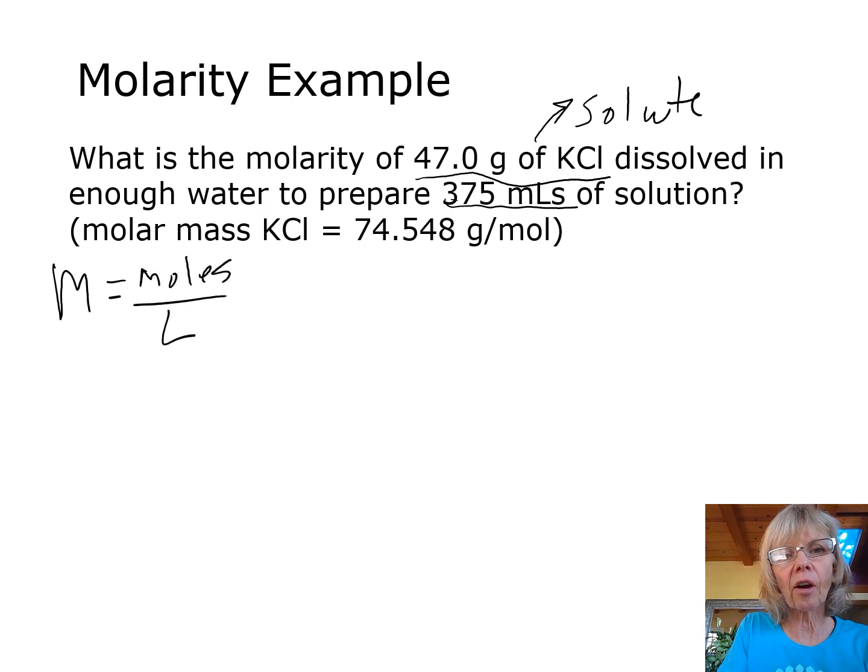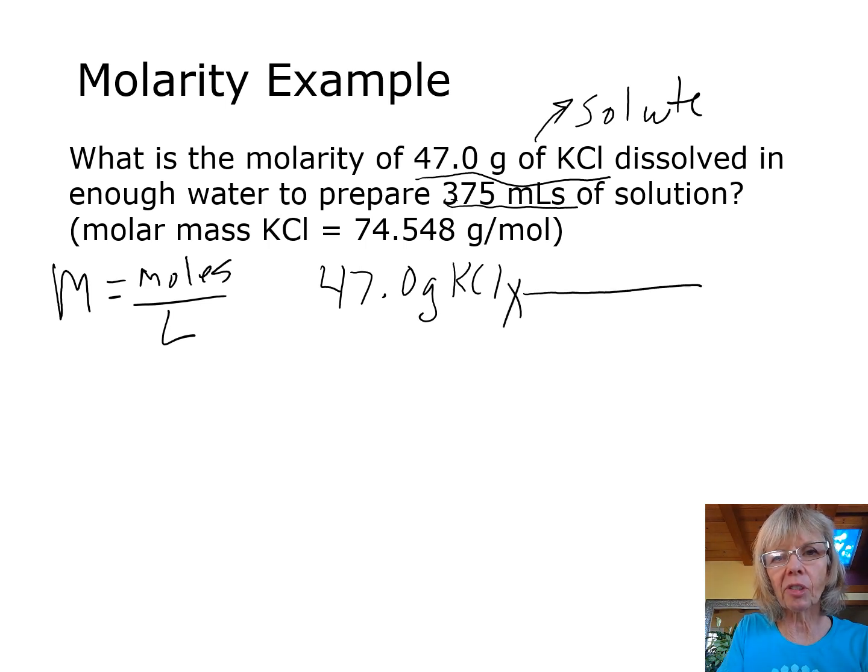In this case, our moles of solute is 47 grams, so we have to convert that from grams to moles. In this problem, I gave you the molar mass just to save a little bit of time. Instead of using our periodic table, it's just recorded here for you. So in canceling our units, we have 74.548 grams of KCl, potassium chloride, is what 1 mole weighs.